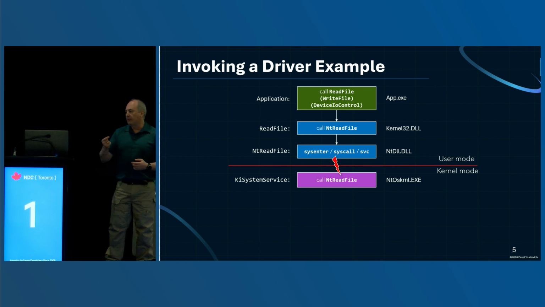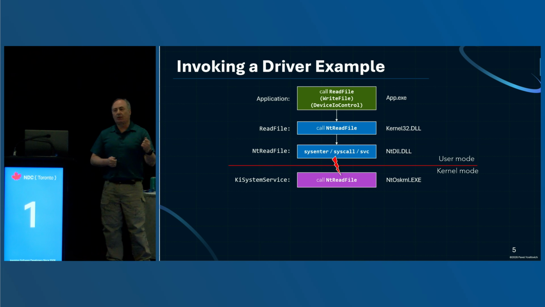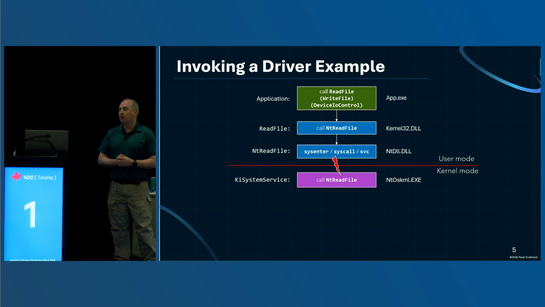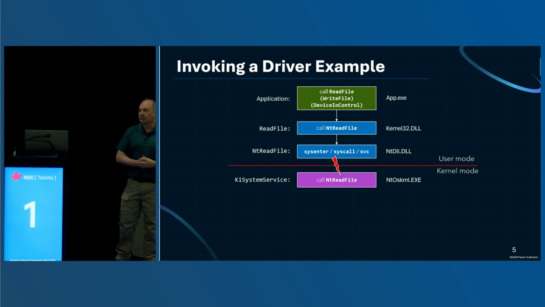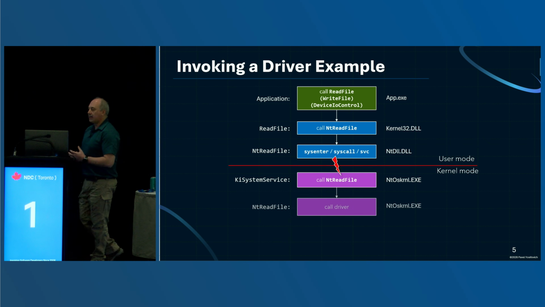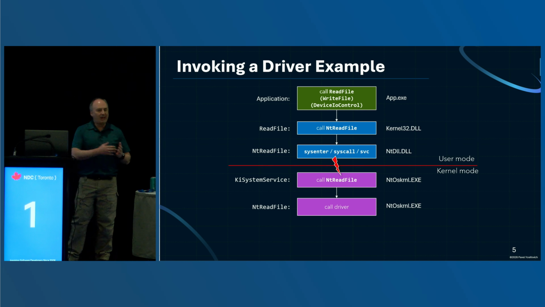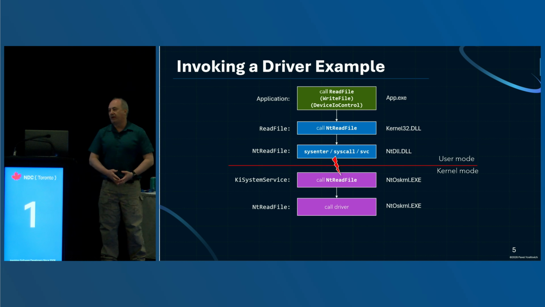which takes a number which is passed there in a register, EAX, for example, in x86, and uses that as an index into a table known as the System Service Dispatch Table, or SSDT, that some of you probably know, and then calls the real function, like the real NtReadFile, the real NtWriteFile, and so on.